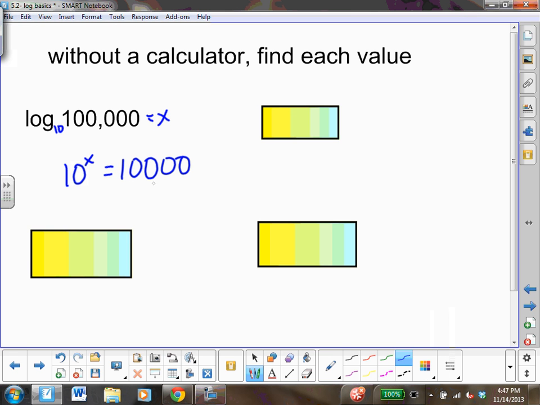So I could rewrite 10,000 as 10 to the fourth power. So that means that 4 would be the solution to this logarithm, because 10 to the fourth power is 10,000.